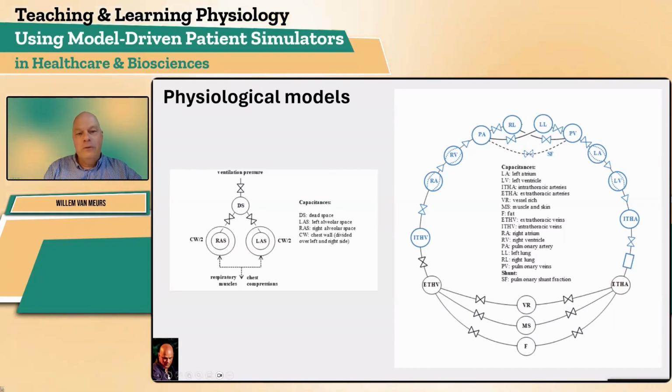And air gets into the lungs and the left and right alveolar spaces. The lungs themselves are suspended in the thorax, and we split the chest wall into left and right chest wall, and that's why we also divided the chest wall compliance by two there.